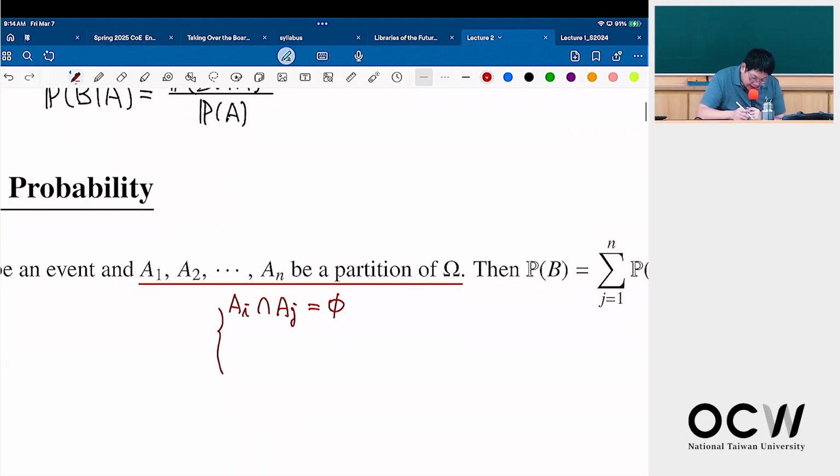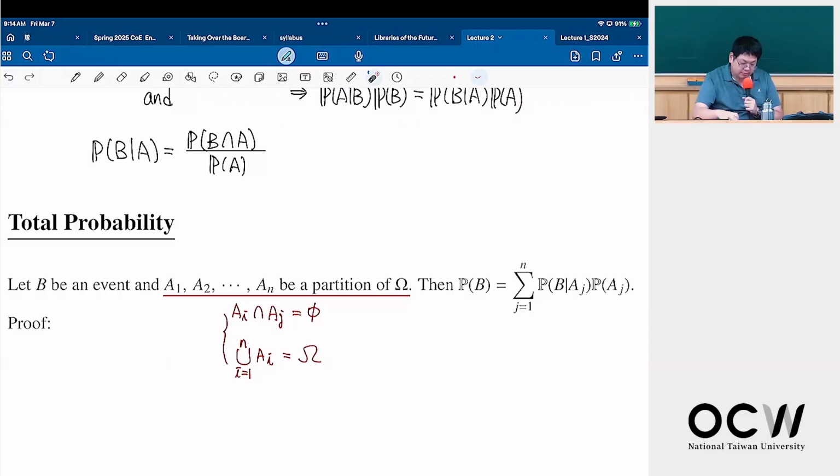And also, if I union all the events, suppose we have n events, then it becomes the universal set. That will be the partition.